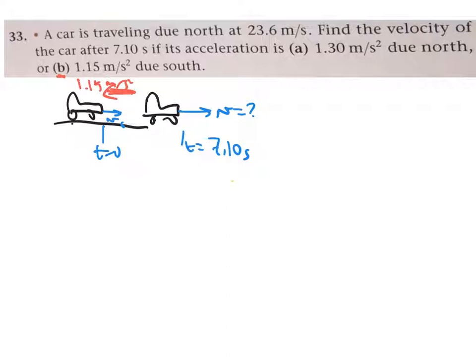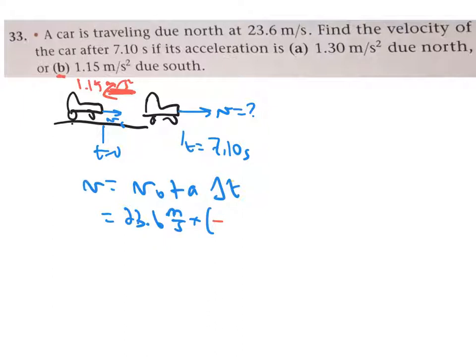So we have the same kind of equation that v is v0 plus a delta t, but in this case the v0 remains 23.6 meters per second, but the acceleration is minus 1.15 meters per second squared times the 7.10 seconds.